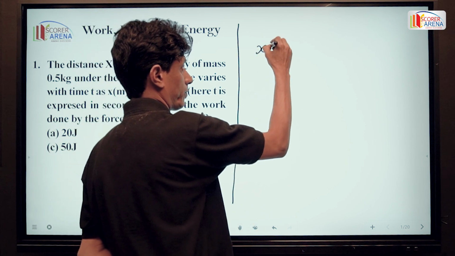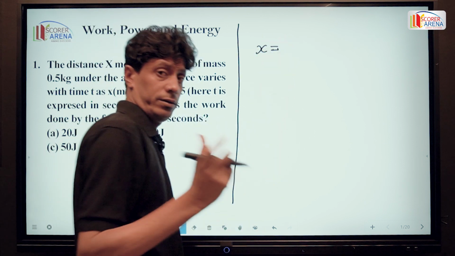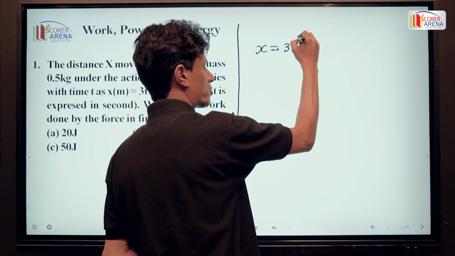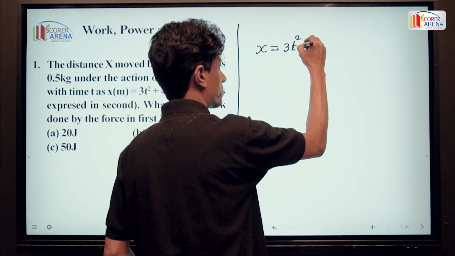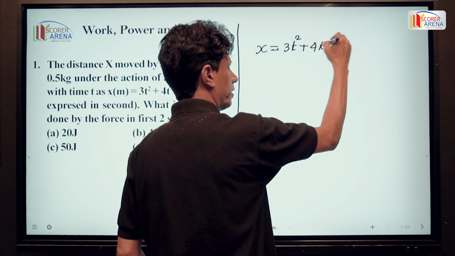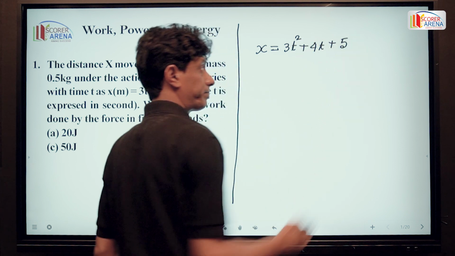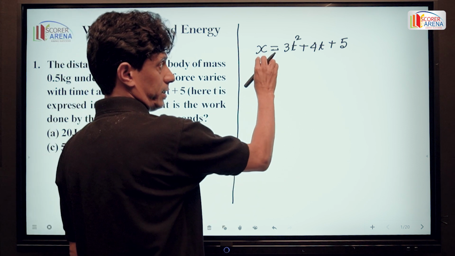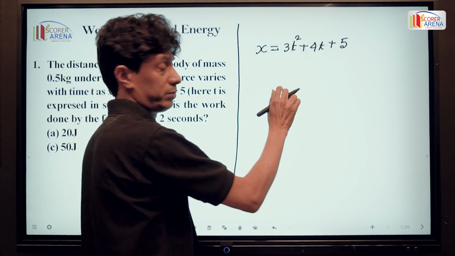So here the displacement of the particle has been given in the problem: 3t² + 4t + 5. So displacement varies with time.